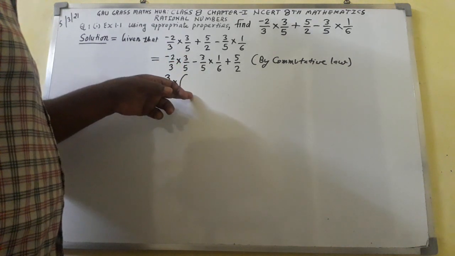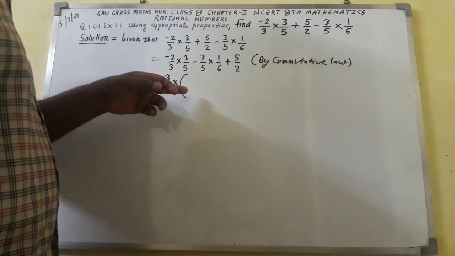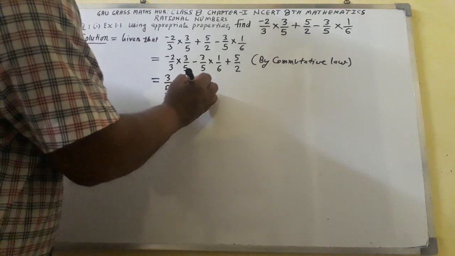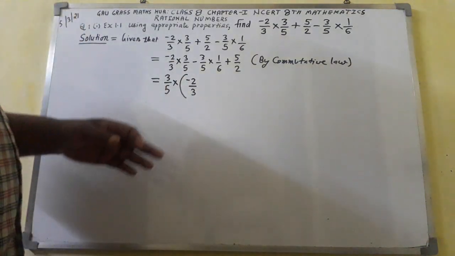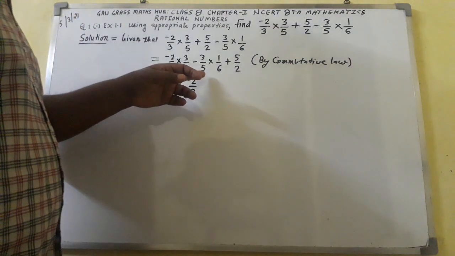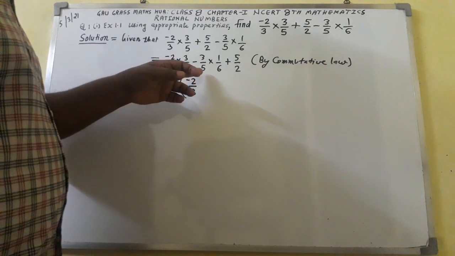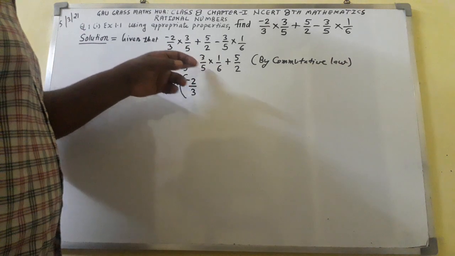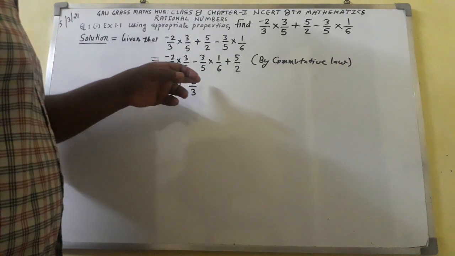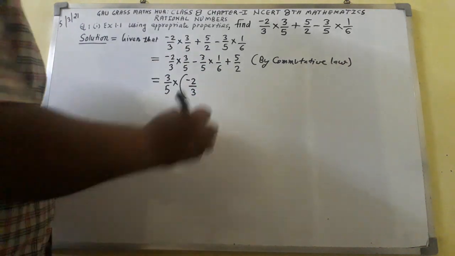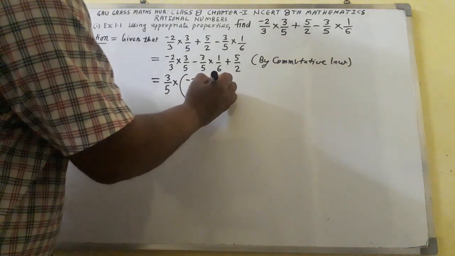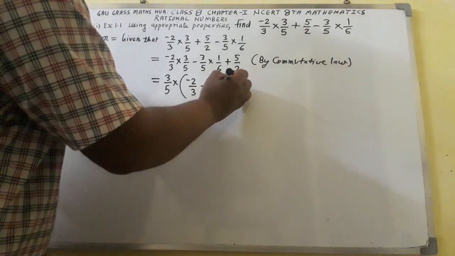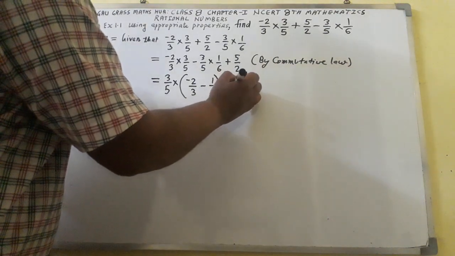So here from the first term it will remain -2/3, and in the second term I have taken 3/5 as a common. It will remain only -1/6, plus 5/2 will be written.